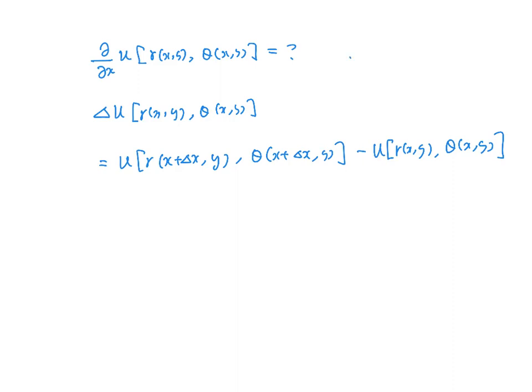So let's say r(x+delta x, y) is r(x,y) plus delta r, and we write theta(x+delta x, y) as theta(x,y) plus delta theta.